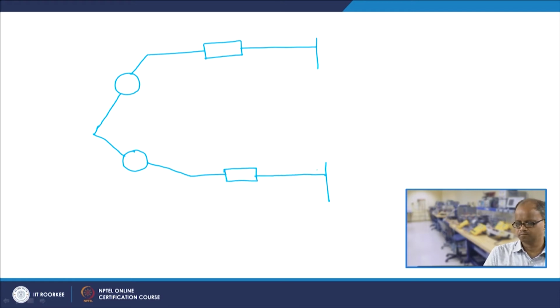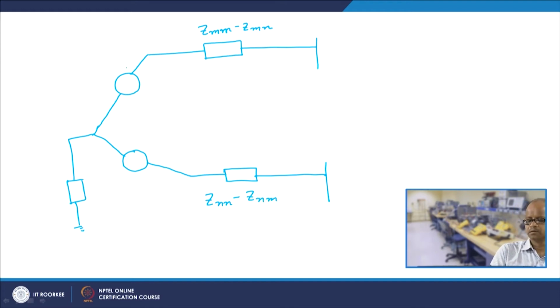So, now what we are trying to do is, we have got this, this, then this, then this, then this, and this is Z M M minus Z M N. This is Z N N minus Z N M. This is V M 0.